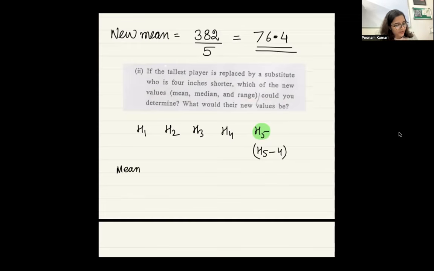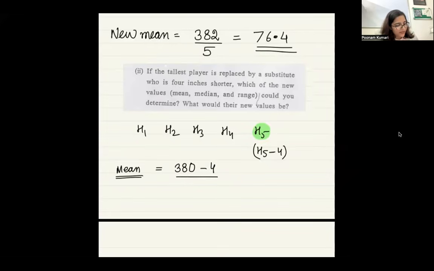Mean can be found. Chalo, how will we find the mean? First we'll find the sum of all heights, then subtract 4 from it. So the sum of all the heights initially was 380. Now you have one person who has a height lesser by 4 inches. So you will remove this from here, right?